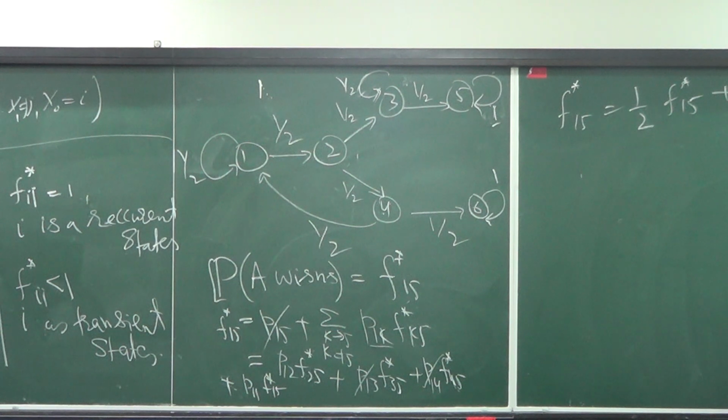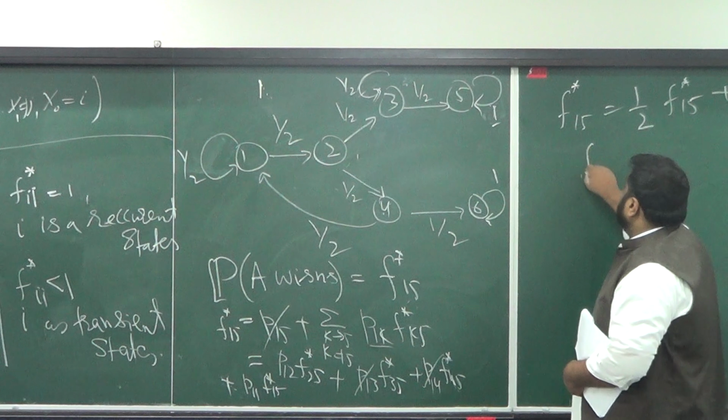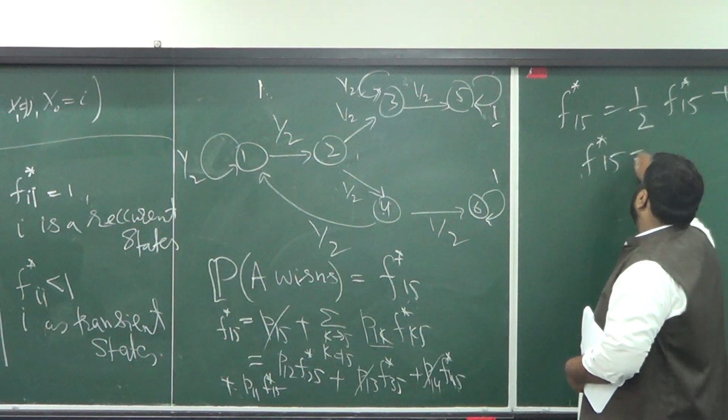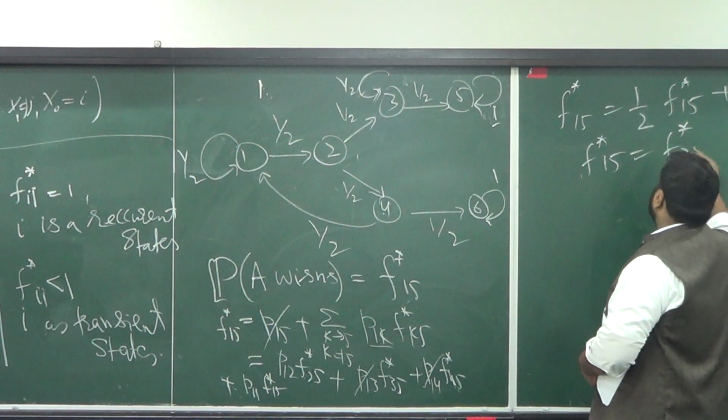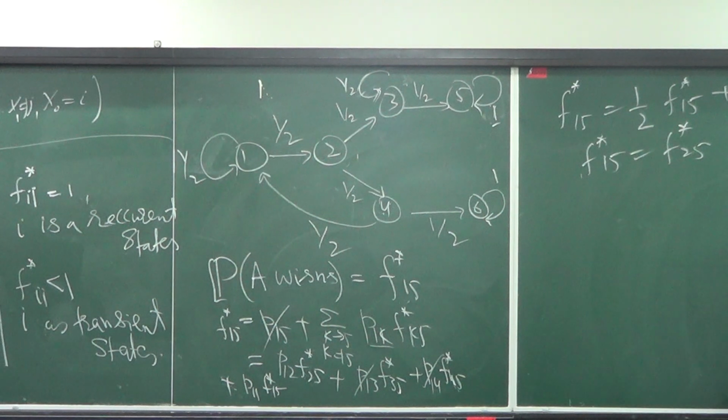Now, from this I can also deduce that f star 15 is basically f star 25. But I'm interested in computing explicitly what f star 15 is, so I need to compute f star 25. I'm forced to compute f star 25.